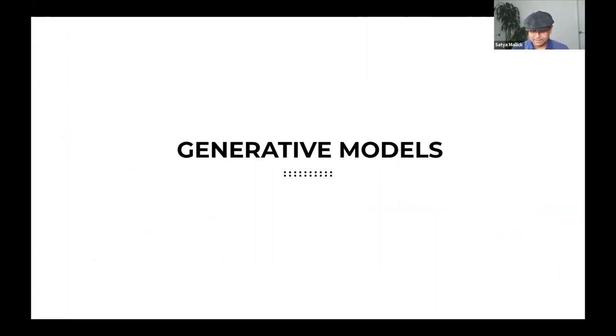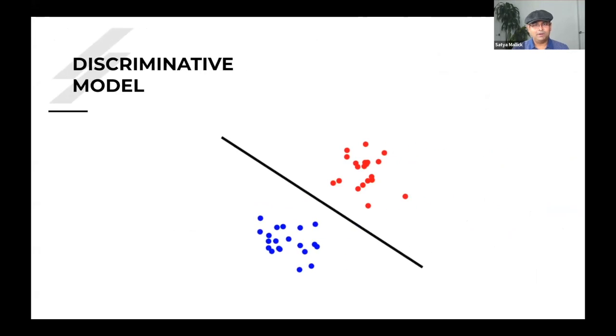Now, let's understand some generative models. What are generative models, right? If you have taken any course in computer vision, especially image classification, you may have come across something called a discriminative model. Let's say you have two classes: the red dots represent cats and the blue dots represent dogs. You are training a classifier based on a discriminative model.